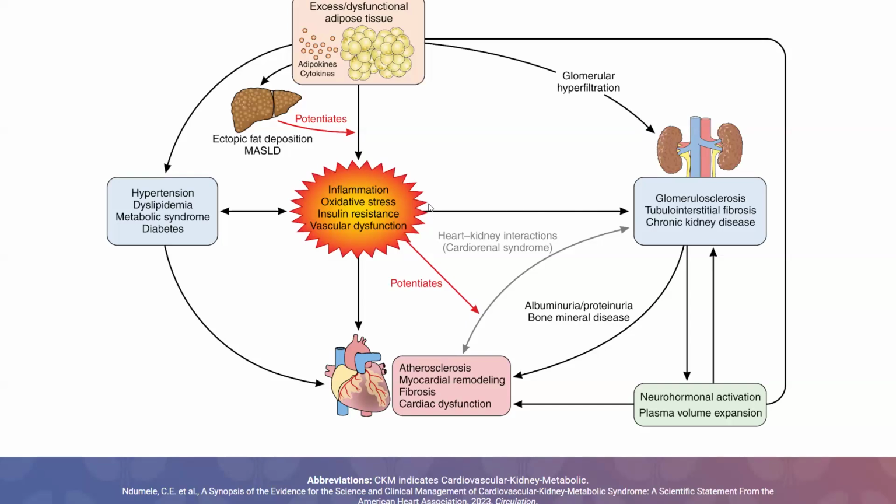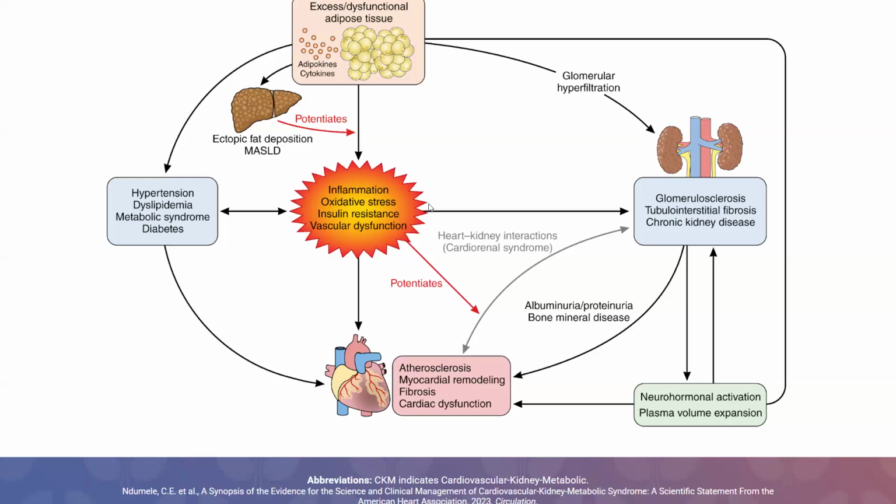Albuminuria, of course, as a manifestation, bone mineral disease leading to vascular calcification, and again, effects on the cardiovascular system, neurohormonal activation, plasma volume expansion that occurs in kidney disease, and also just in the setting of obesity can lead to this cycle of events, a complex cycle of events, highly heterogeneous, depending on the individual and their risk factors, their lifestyle, and many other factors that determine the progression. But this is the general schema, if you like, for explaining various, again, a lot needs to be understood.